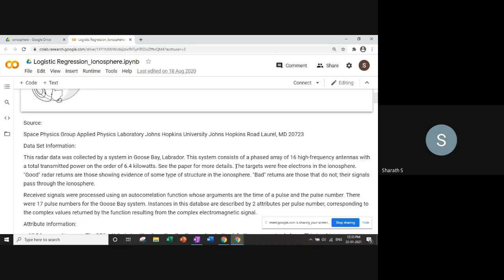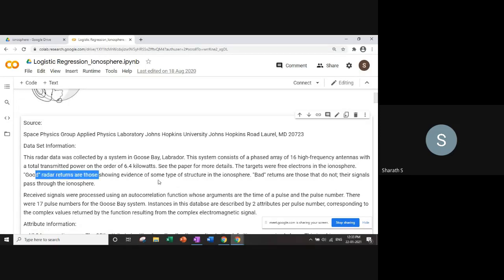They targeted the ionosphere, and they wanted to classify returns as good radar return, showing evidence of some type of structure in the ionosphere, and bad return when the signal just passed through the ionosphere without coming back. So any radar signal which hit the ionosphere and came back was classified as good, and the signals that were completely lost through the ionosphere were classified as a bad radar return.